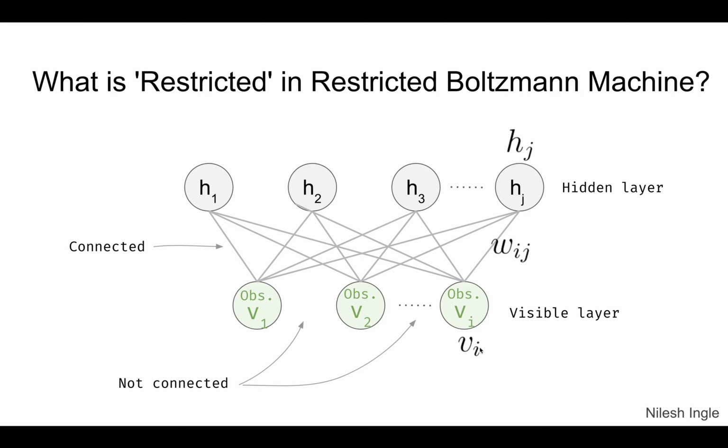In this particular video, we are going to denote each node in the visible layer by Vi, and the weights associated with each of these connections by the symbol W, and each node in the hidden layer is denoted by Hj. So H1 is the first node in the hidden layer and V1 is the first node in the visible layer.